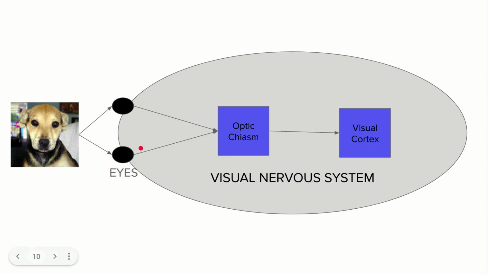Our eyes have certain neurons that get fired up because of this image, and they propagate the signal to the higher cortical areas, which is, let's say, the optic chiasm. The nerves in this optic chiasm propagate the signal to much higher levels of our brain, which is the visual cortex, and some more complex operations happen in this visual cortex.